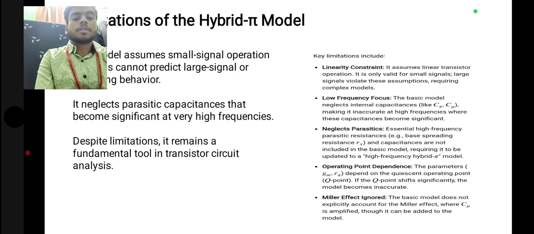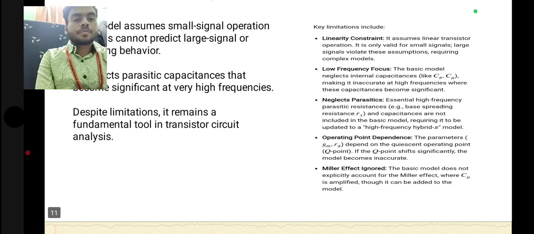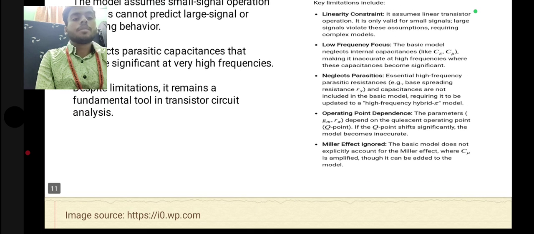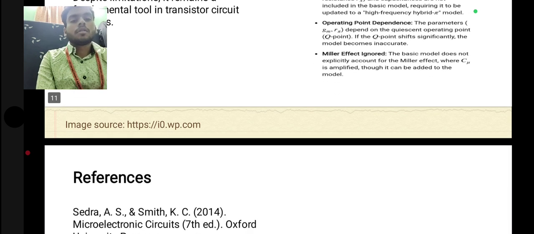Despite limitations, it remains a fundamental tool in transistor circuit analysis. Although there are a few limitations, the hybrid pi model is very often used in electronic circuit analysis. The Miller effect is also ignored, as is the operating point dependence, with a low frequency focus.